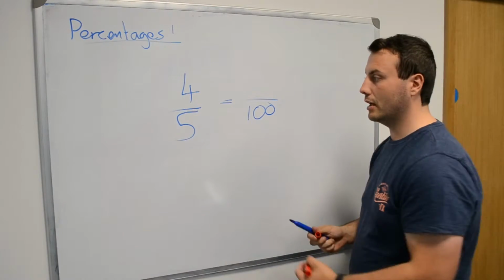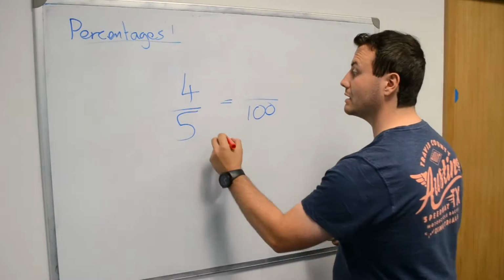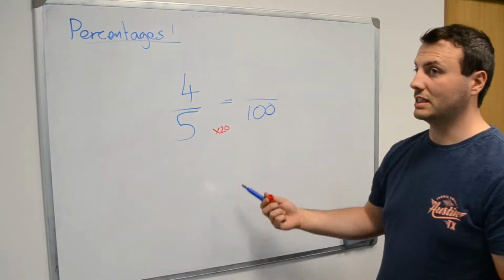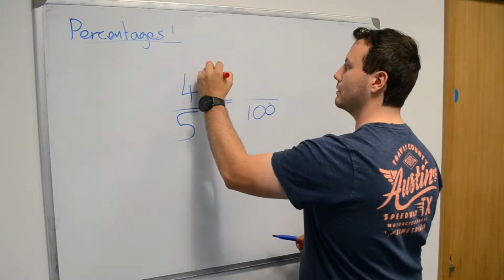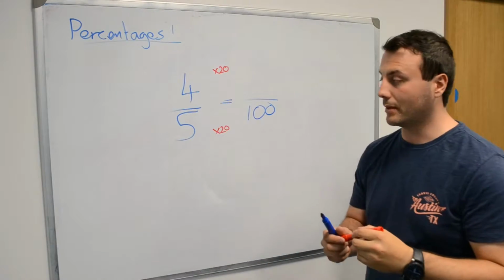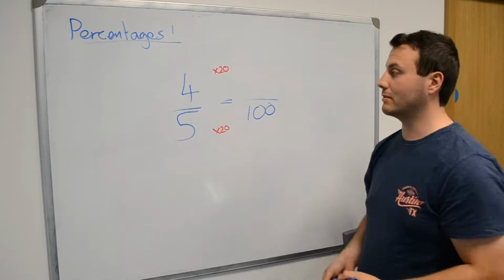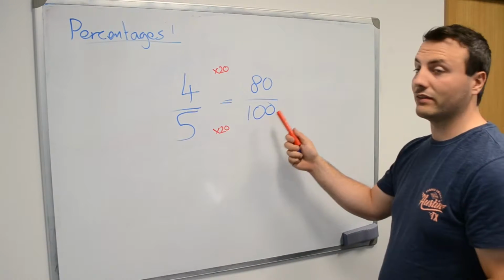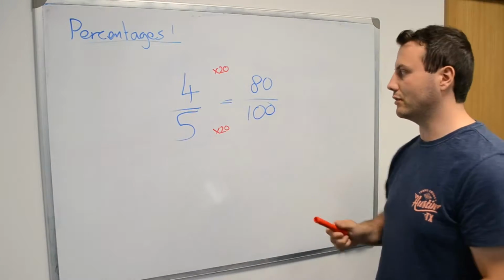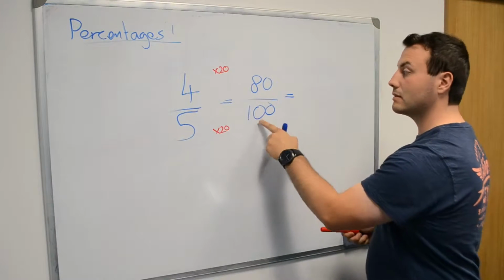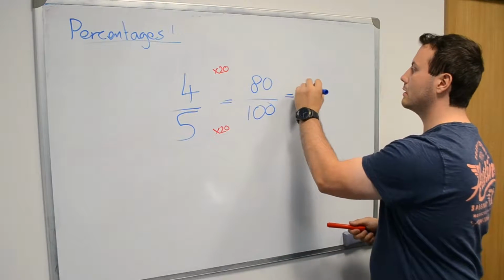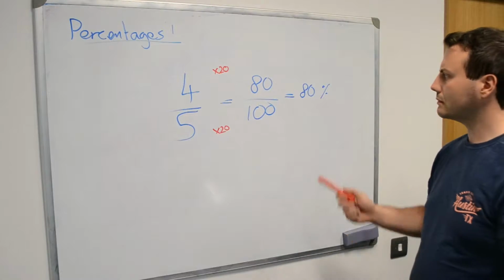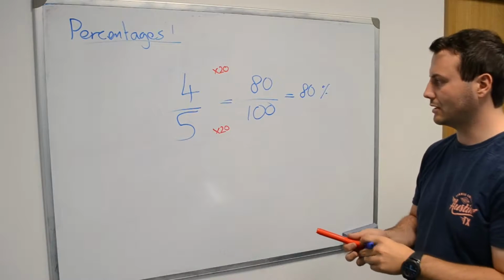So we know to go from 5 to 100, we can multiply by 20. Now, to keep these equivalent, we've got to do the same to the top, and multiply the top number by 20. So 4 times 20 is 80. Now we have a fraction that's over 100. We can get rid of the over 100 and just write that as our percentage symbol. And that's how you can convert it to a percentage.